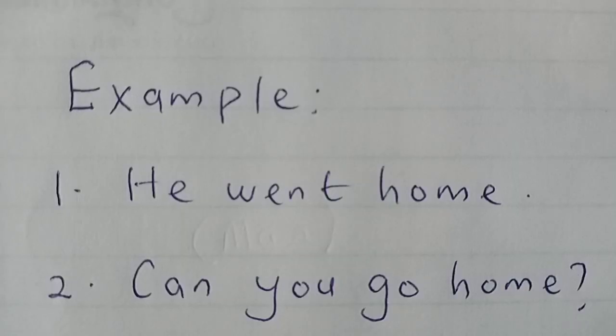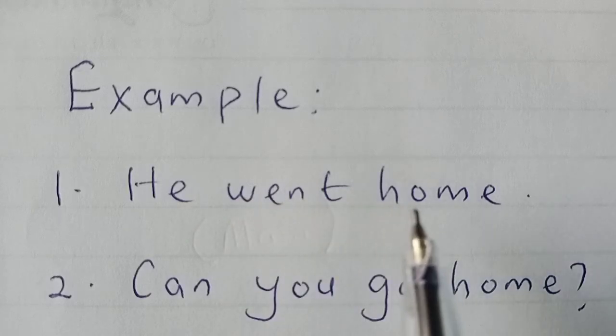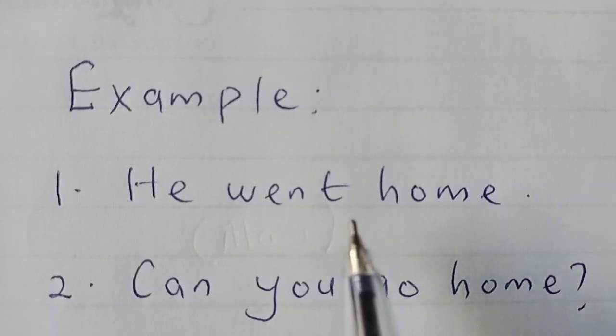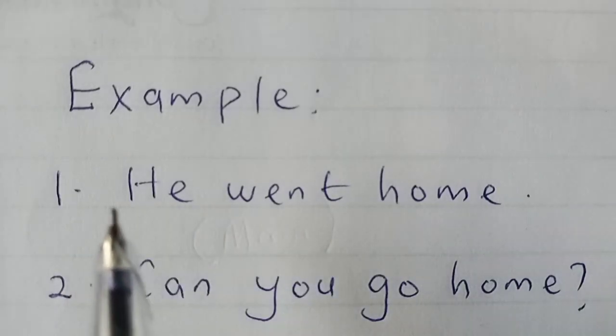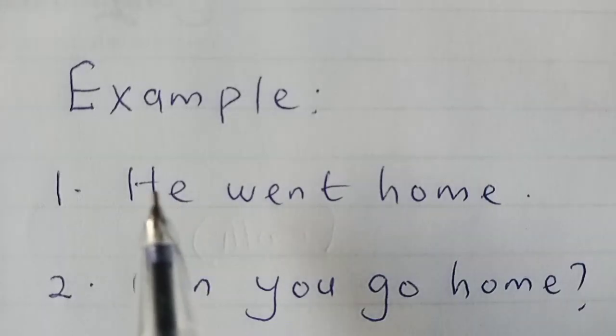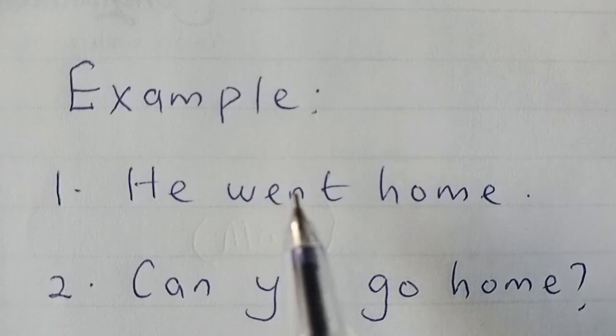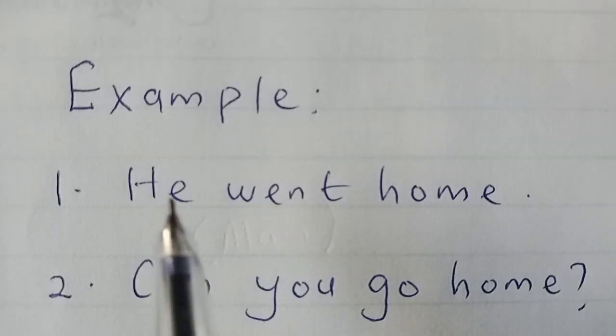Examples of independent clauses. The first one, "he went home." Remember, an independent clause can make complete, meaningful sense on its own. Now, this expression is a clause because it has a subject, he, and it has a finite verb, went, which agrees with the subject, he.